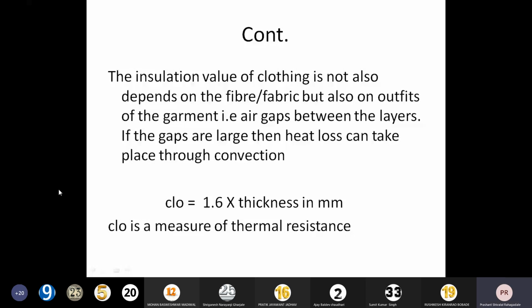So now the insulation value of your material, that is your fabric, is no doubt dependent on the fabric construction etc. हम बात करते हैं, but not only, मतलब it is not 100% dependent on fiber or fabric, but also on how much air gap is there between your fabric or fabric layers.